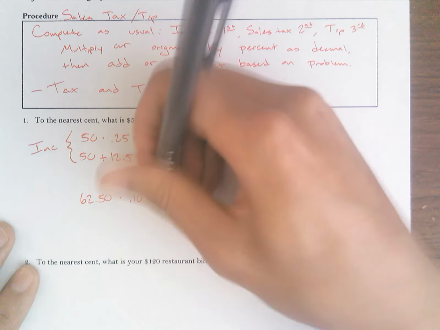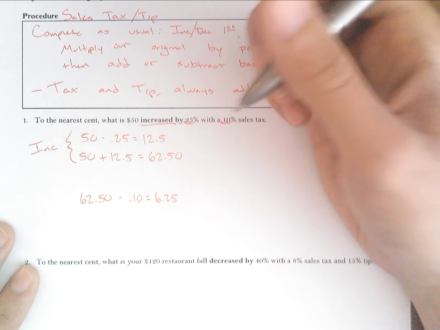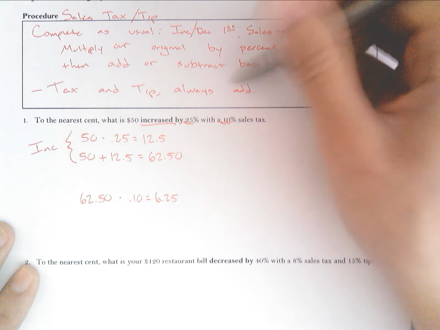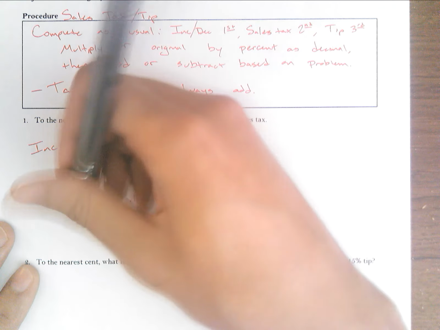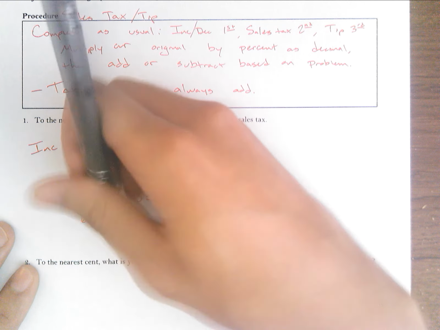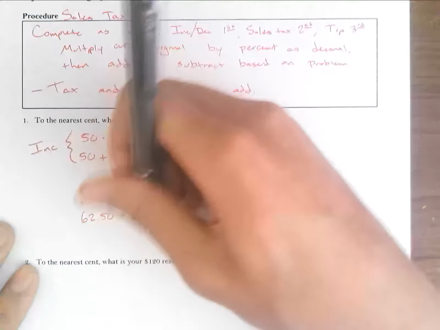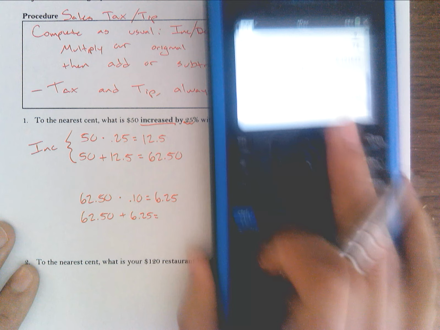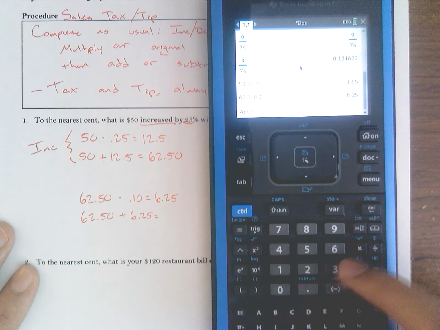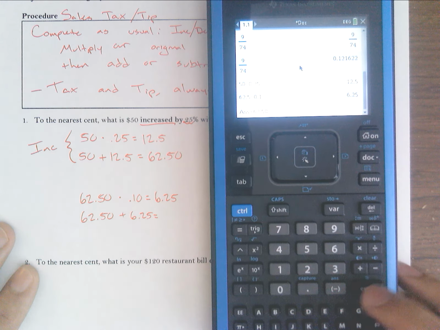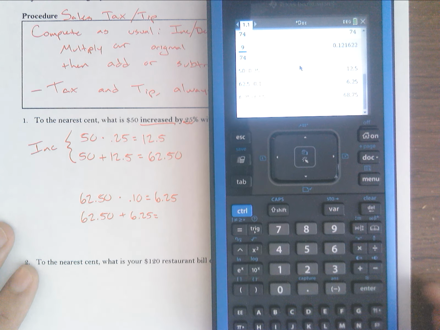So this is 6.25. And then again, sales tax, we always add. So we have 62.50 plus our 6.25. Let's plug that in. And that gives us our total of 68.75.